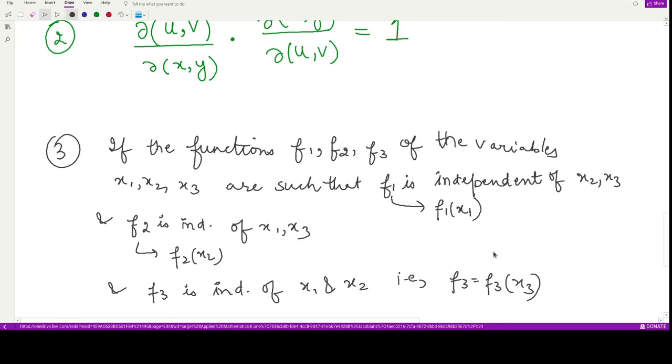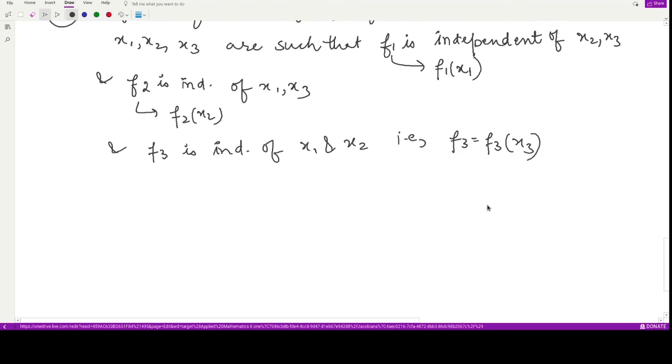So f1 only depends upon x1, f2 only depends upon x2, and f3 only depends upon x3.